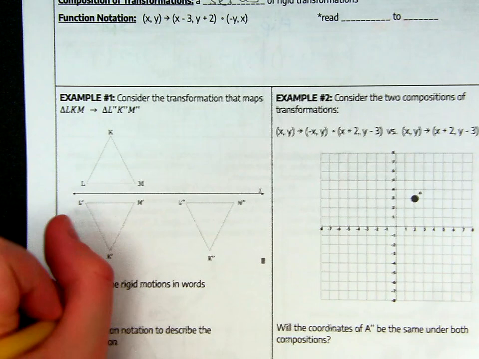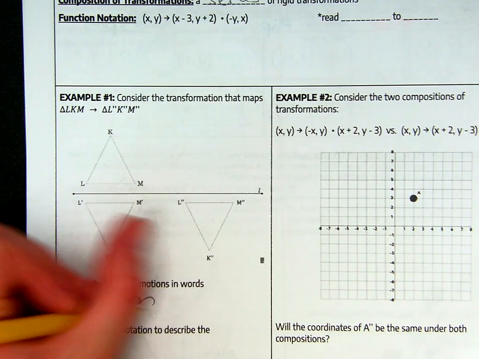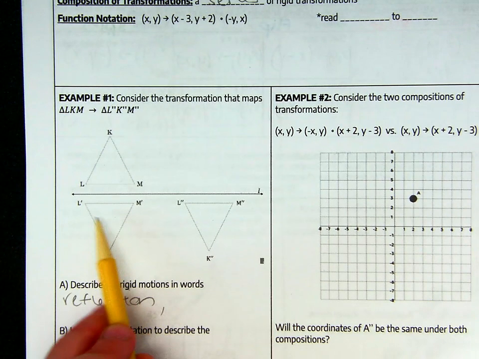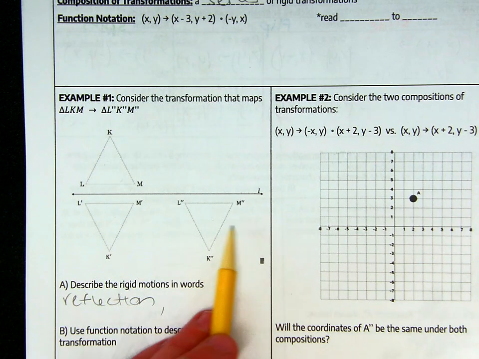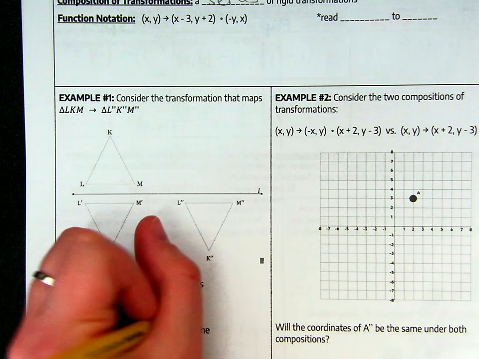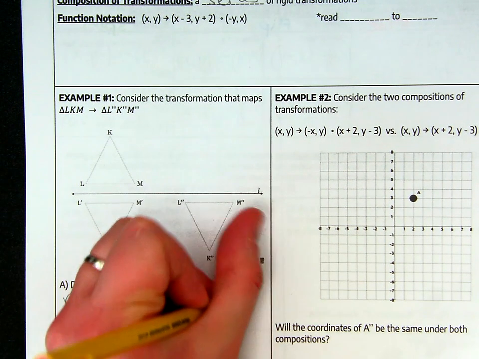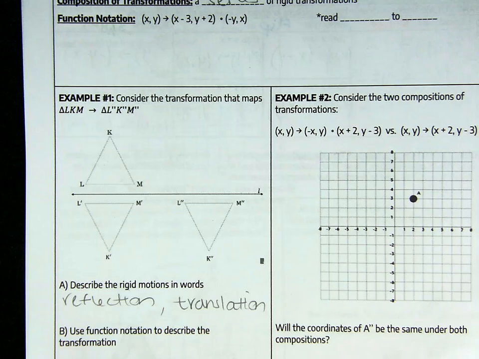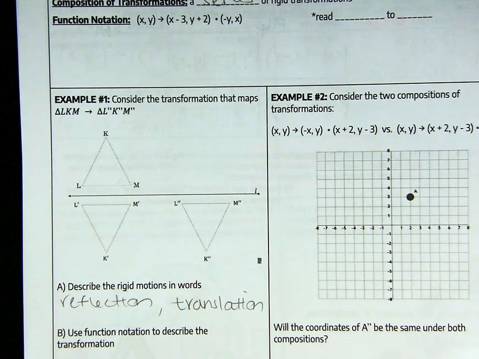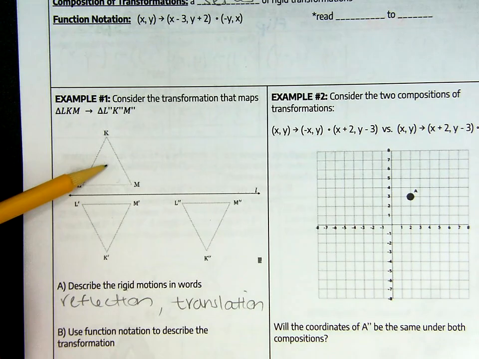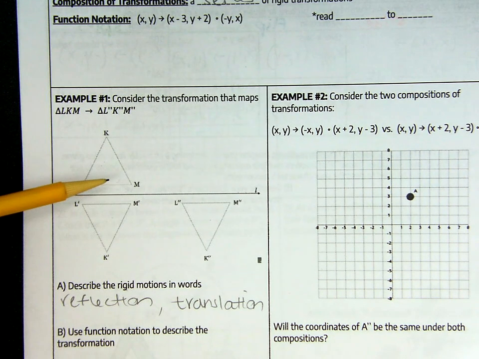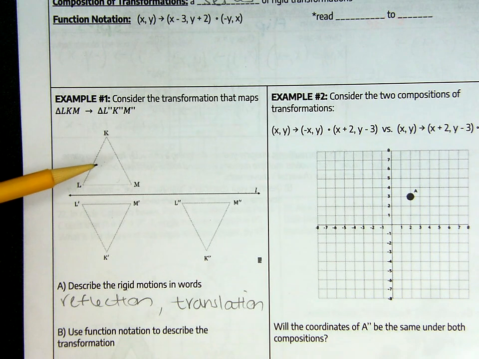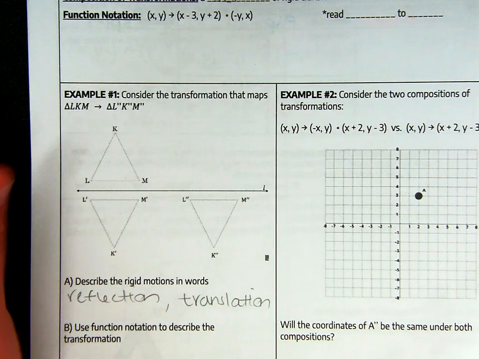So if I'm describing the rigid motion in words, it's a reflection, and that gets me to L prime, M prime, K prime, and then I slide. So a translation. Okay? That's what we're going to do when we need to take more than one transformation to move a shape to a particular place. Now, that's in words.